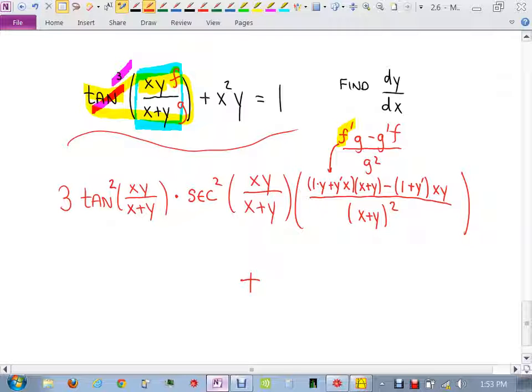Then I put plus, and now I'm just going to do the derivative of x squared y, which is another product rule, right? 2xy plus y prime x squared. Then equals what? 0. That would be acceptable on a test.